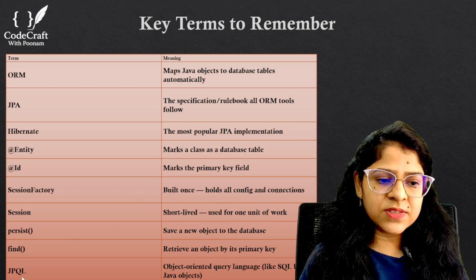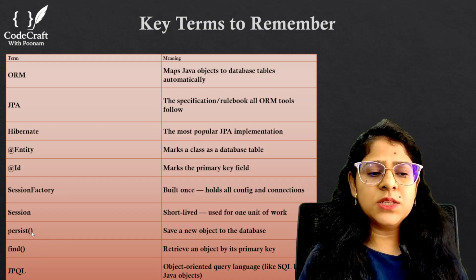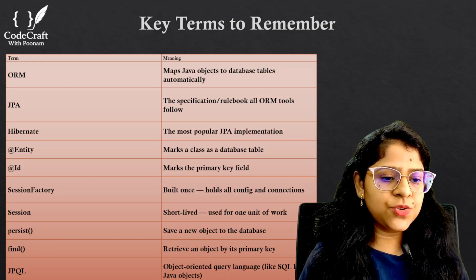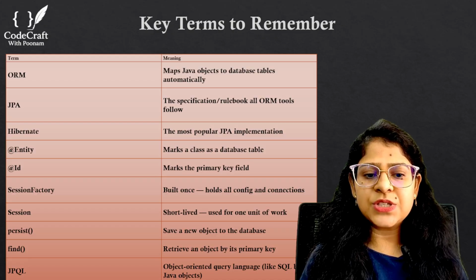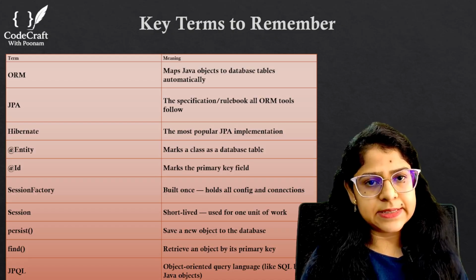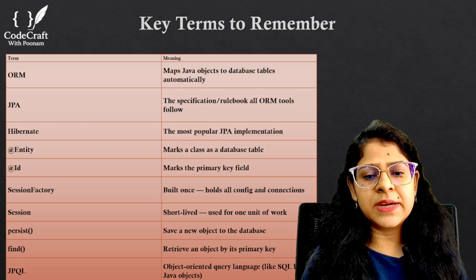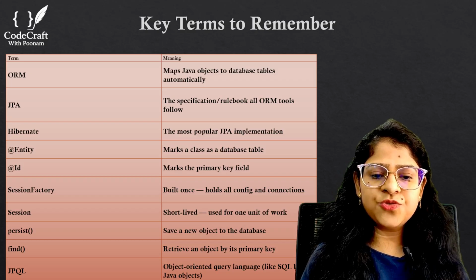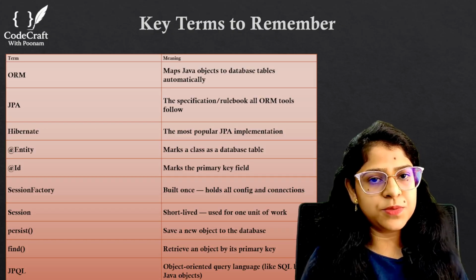Then we have methods like persist and find. I will show you all these things in an example. For now, remember that the persist method is used to save a new object to the database, whereas the find method is used to retrieve an object by its primary key. And JPQL is an object oriented query language, like SQL but for Java objects.